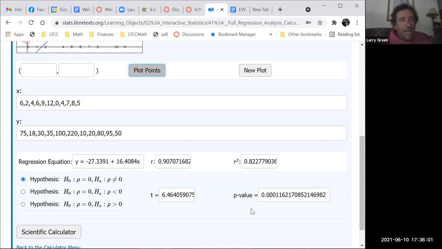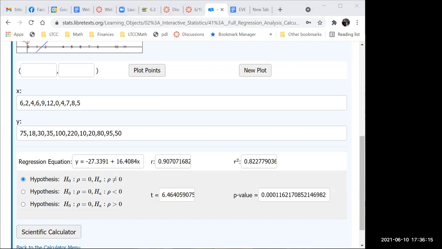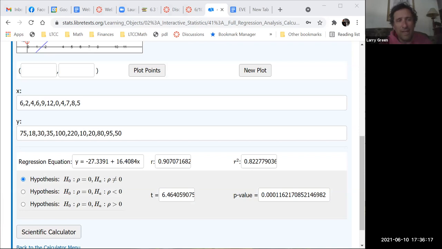I made these numbers up, but I always try to make things reasonable. Do you agree that you would probably expect a correlation? Yes. If you go to college for a lot of years, you're probably more likely to make more money, whereas if you drop out of high school in 10th grade, you may not make so much money. Does that make sense? Okay, so that's the idea.